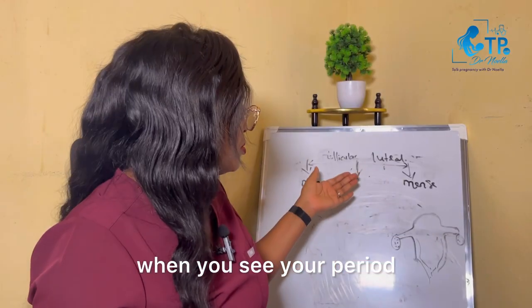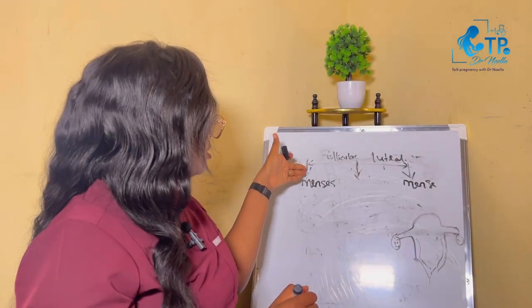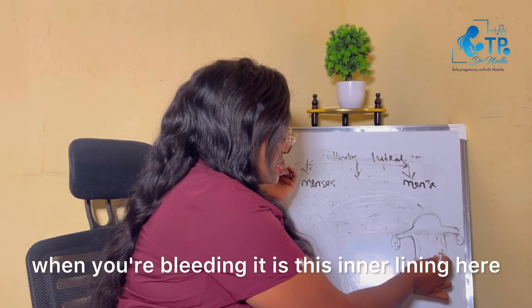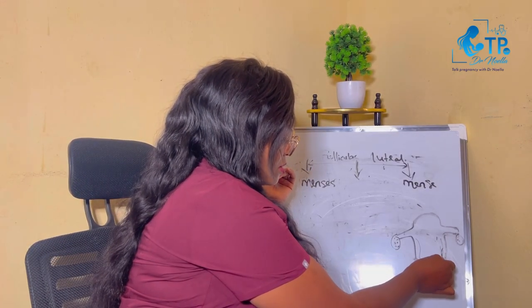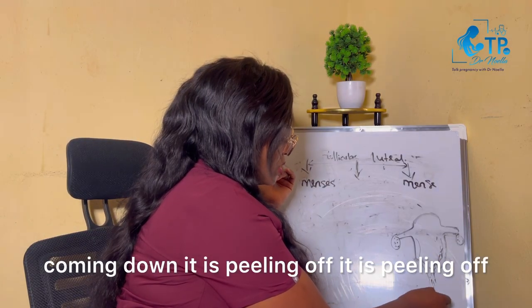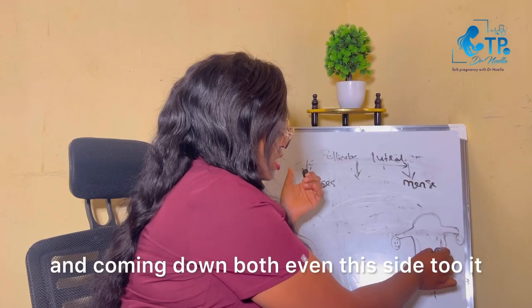When you see your period, when you are bleeding, this is the beginning here. You're bleeding here because you're seeing your menses here. So when you're bleeding, it is this inner lining here which is shedding off, peeling off, and coming down.